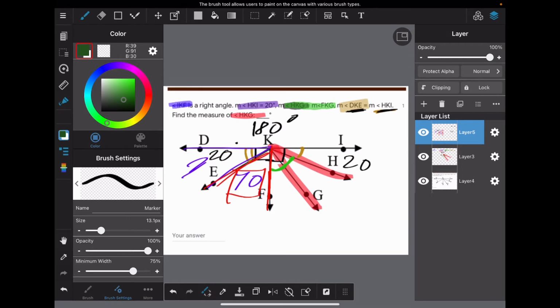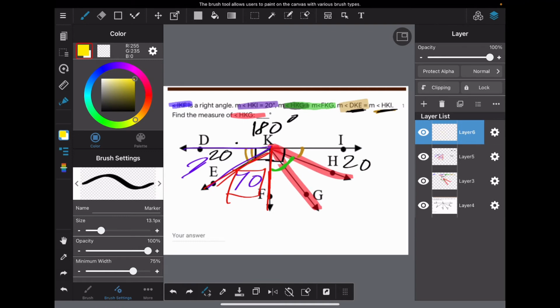What's next? Well, since we know that DKF and IKF are congruent because they're both 90 degrees, and that DKE and IKH are congruent because they're both 20 degrees, and also because it's given. We marked those earlier. Isn't it reasonable to say that perhaps this angle here, the 70-degree angle, is also congruent to the sum of these angles here?